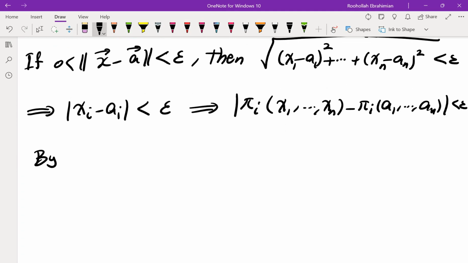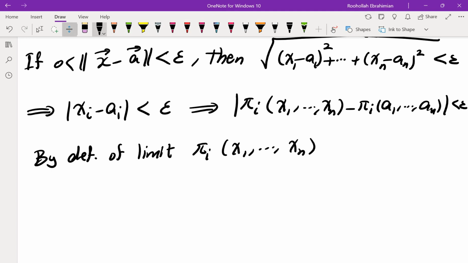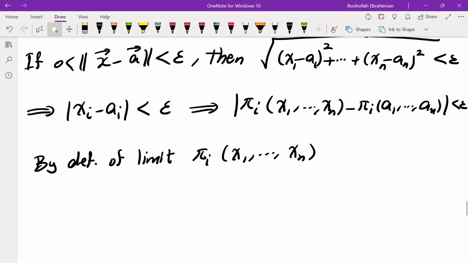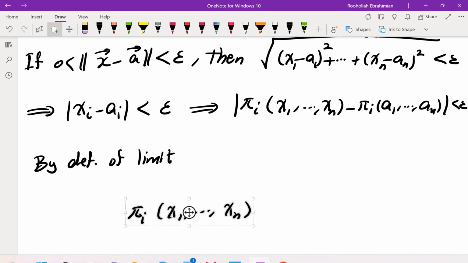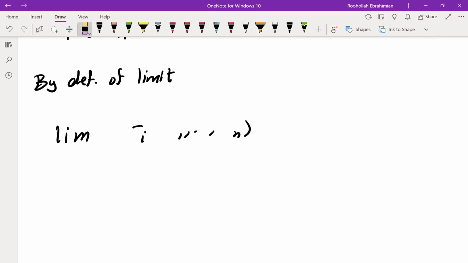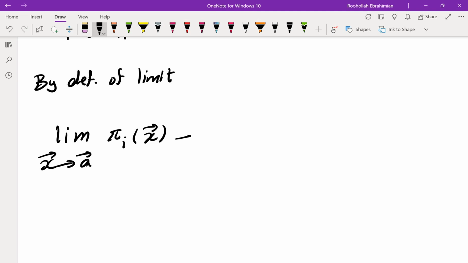So by definition of limit, pi i of x1 through xn approaches pi i of a1 through an. So let me write it down this way. So the limit, as x approaches a, of pi i of x is going to be pi i of a.